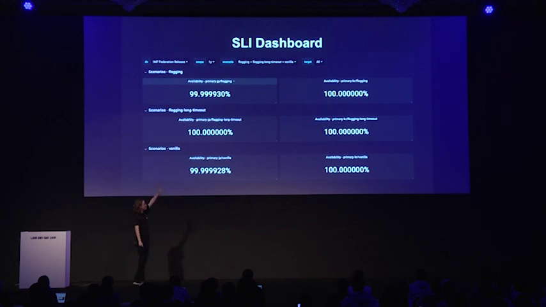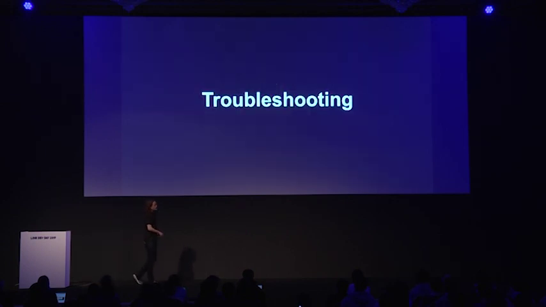So we are tracking based on this dashboard. We can also see the availability for each scenario and cluster. And as you can see here, several clusters are experiencing a few errors.